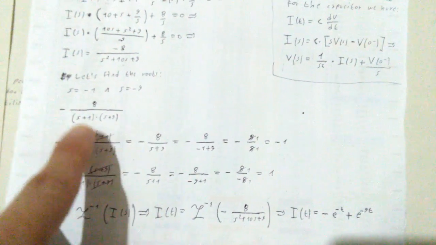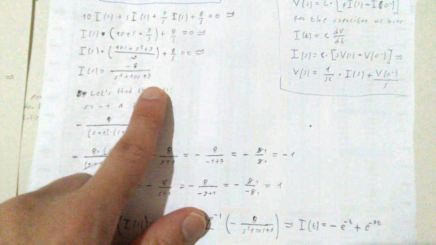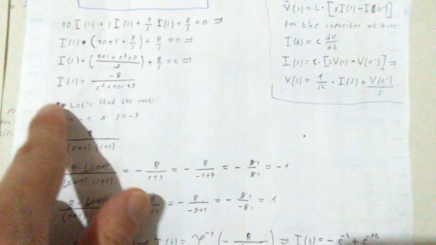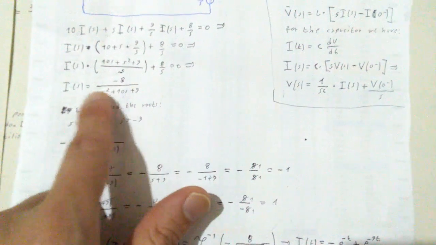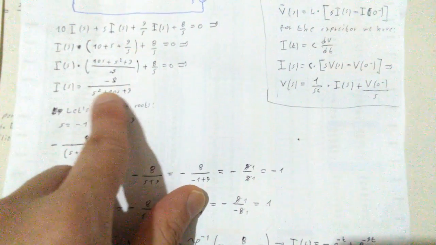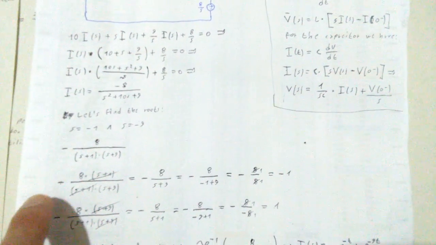But in order to do that, you have to find the roots. You can do it by delta or by any way you want. You just have to find the two roots, so the two values of S of, in this case, the denominator.